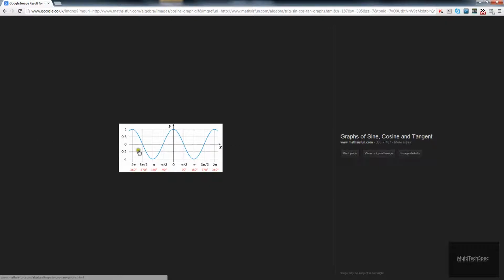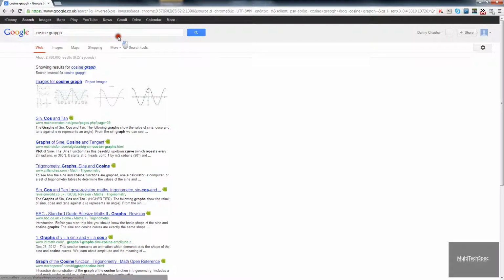Okay, so you have 1. See, this is in radians, but it's the same thing. Okay, so it's going to 1 and minus 1. Same thing, cosine graph. Tangent graph.